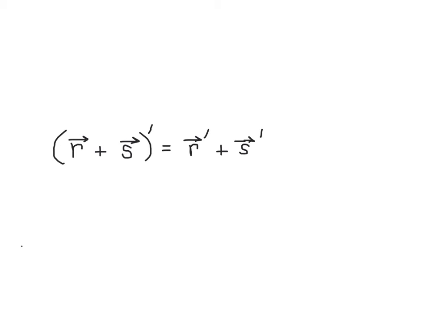And that could also be true for the difference. So if you took the difference of r and s and took that derivative, it's the same as taking the difference of their individual derivatives.